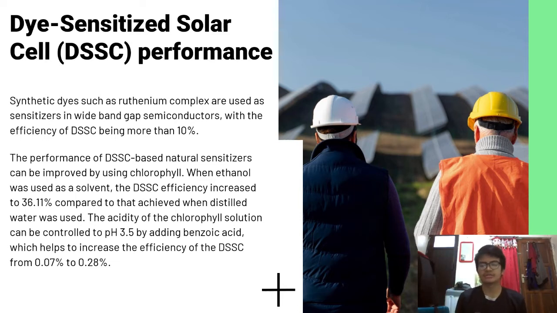The acidity of the chlorophyll solution can be controlled to pH 3.5 by adding benzoic acid, which helped increase the efficiency of DSSCs from 0.07% to 0.28%. The performance of the chlorophyll-based DSSC was compared with the results obtained using N719-based DSSC, and the chlorophyll-based DSSC performed better.